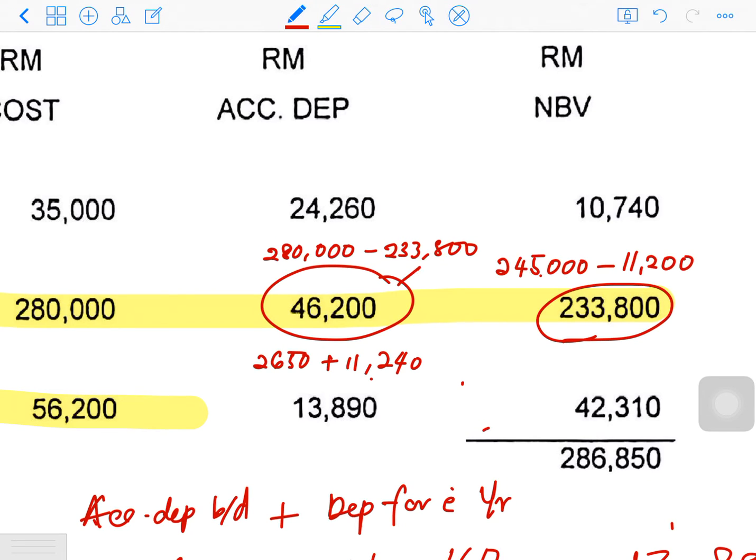So you get this figure. That is another way of doing it. Instead you can do it this way. This is accumulated depreciation plus depreciation for the year, right?